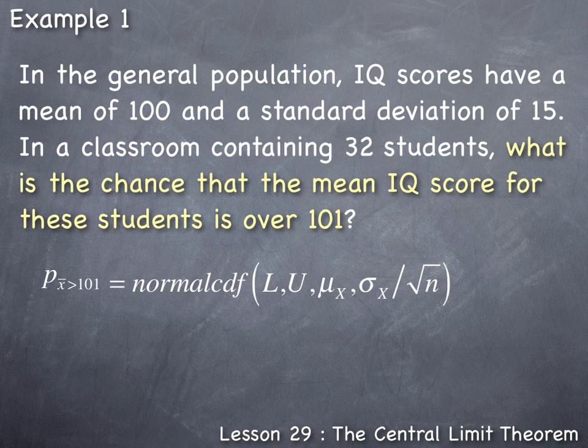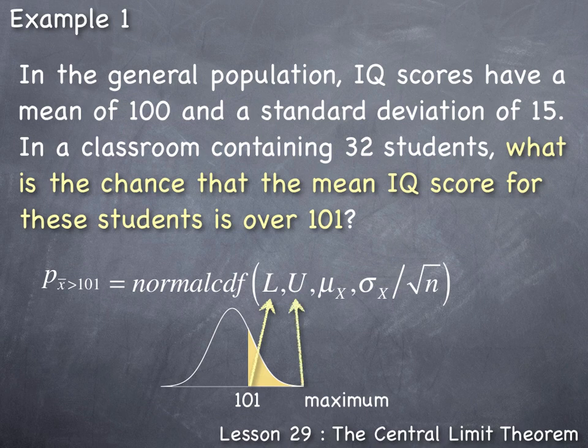The first 2 values are the L and U, where L represents the lower limit and U represents the upper limit of the range for which we're trying to find the probability. In this case, we're looking at the mean IQ scores over 101. So that would put 101 at the lower limit and everything greater than that all the way up to the maximum IQ score as the upper limit.